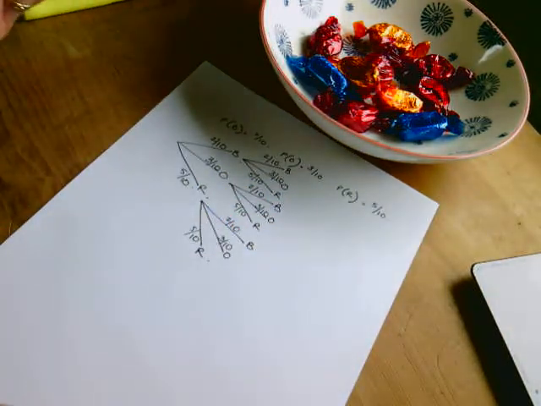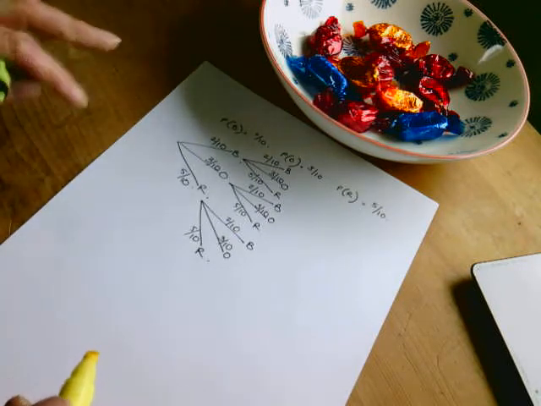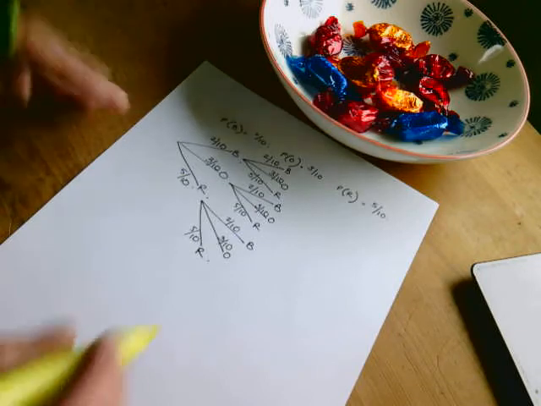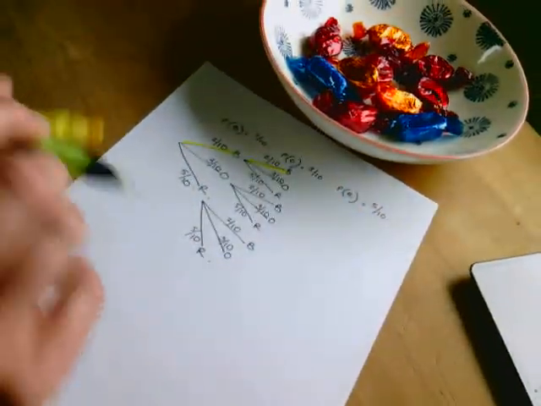Okay, so at the beginning I said, what's the probability of taking 2 sweets which are the same, assuming that I replace the first one? So I'm going to look at the probability of taking blue and then blue again. So I'll highlight the branches, blue, blue.